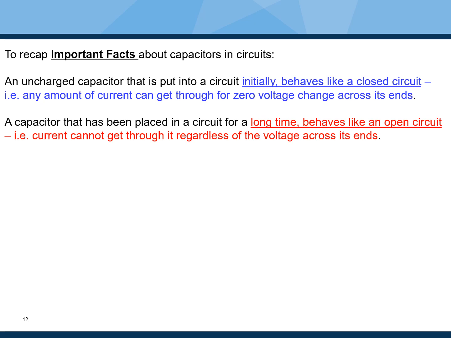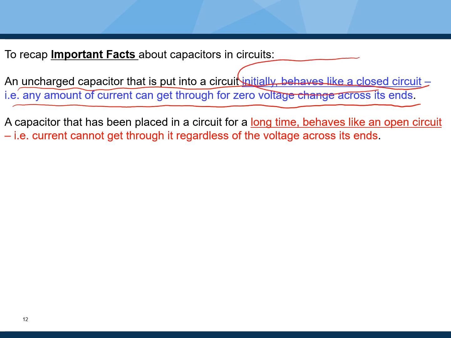And therefore, any amount of charge or any amount of current can get through that capacitor with zero voltage change across the ends of the capacitor when that uncharged capacitor is initially put into a circuit. So initially, it behaves like a closed circuit. So that is the important message out here.